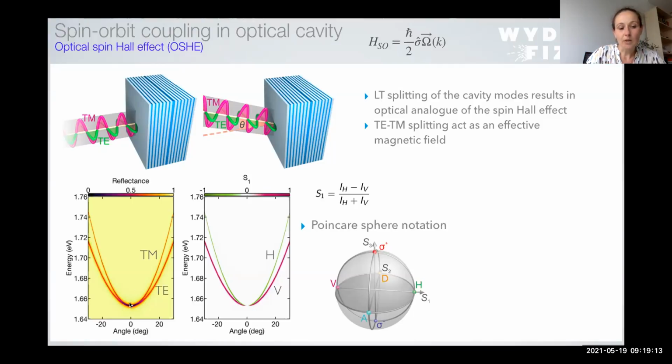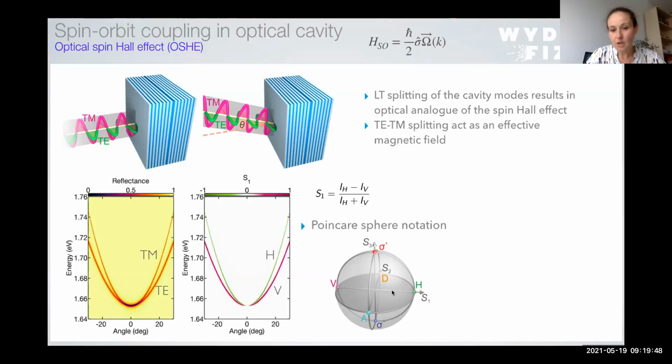But as we start to increase the angle of incidence or the photon momentum, we observe the splitting of the two modes. I will refer to these modes as the horizontal and vertical polarization, because I already put it in the frame of the axes of my laboratory. In my further discussion I will point all the polarization vectors of the photonic mode in the Poincare sphere.